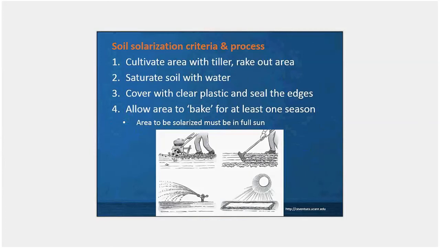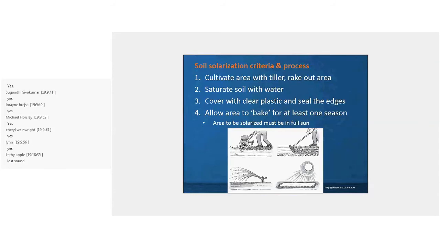So you saturate with water, cover the area with a clear sheet of plastic, seal the edges, usually by burying them, and then allow it to bake. For southern Illinois, one season. In northern Illinois, definitely one season, and you might even have to extend that to two whole seasons under the plastic, because it's a much shorter growing season.